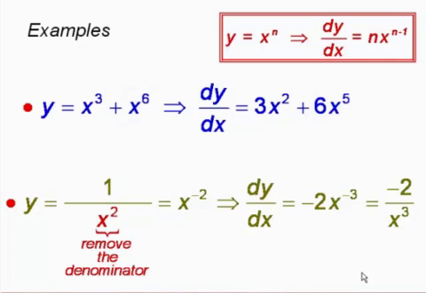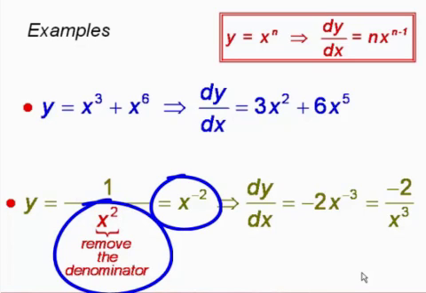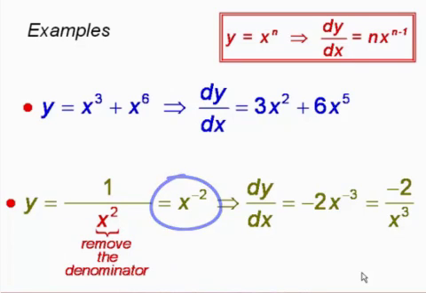Let's look at a trickier one. Here we have the function y equals 1 over x squared. Notice the x squared is on the bottom of the fraction, and this is quite difficult to do at this stage, so we now put x squared up on the top. In other words, we remove the denominator and express it as x to the minus 2.